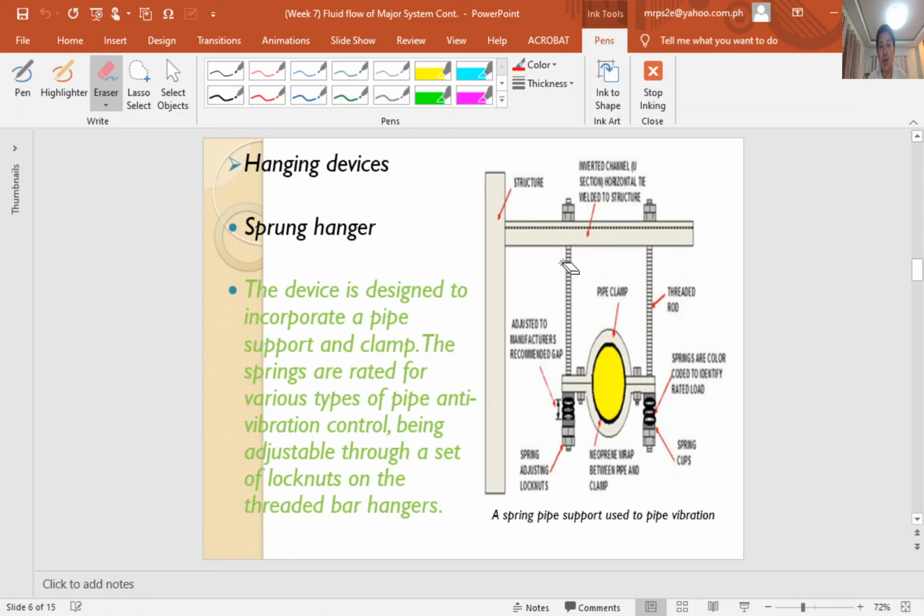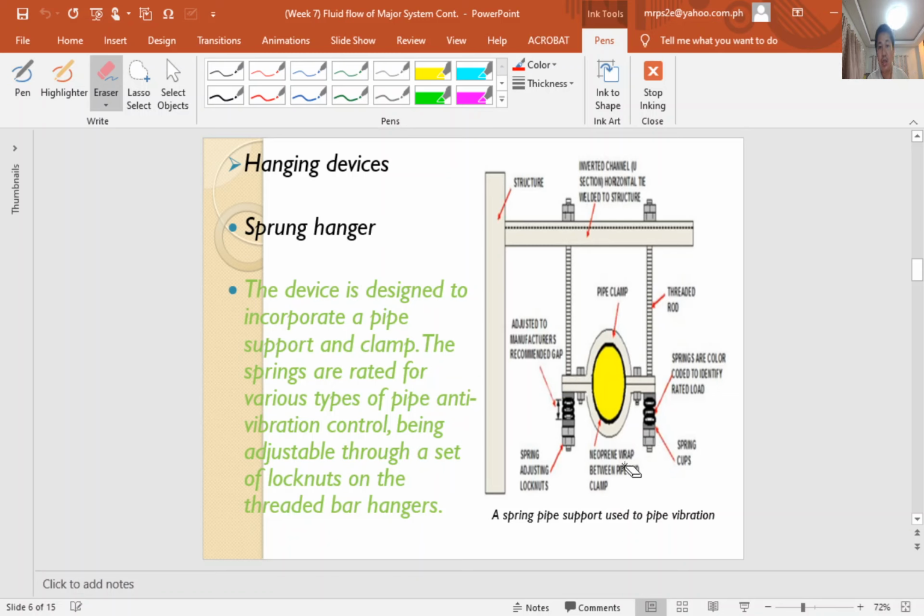Here you have a threaded stud mounted on both sides. And we have here the pipe clamp, the upper clamp and the lower clamp.